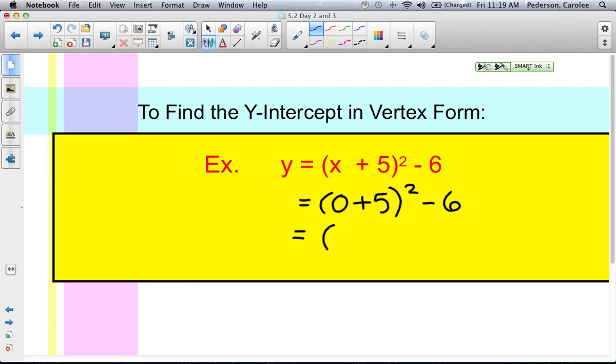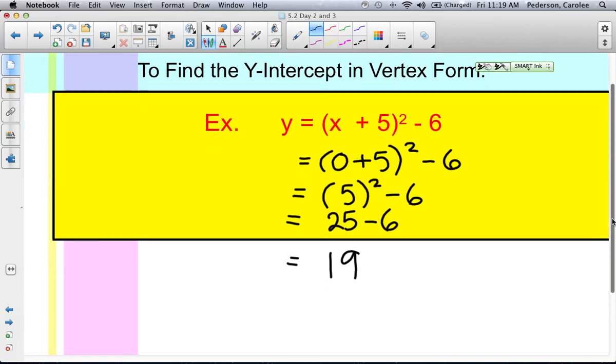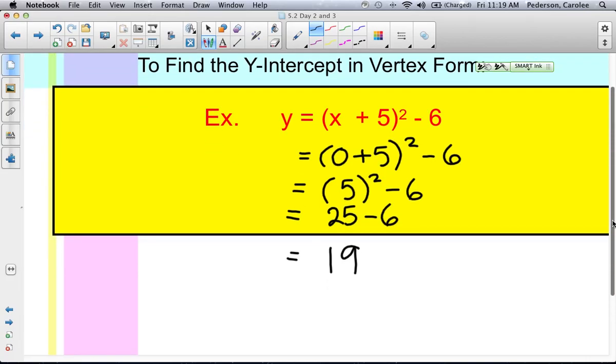Simplify that parentheses, 0 plus 5 is 5. Then 5 times 5 is 25, minus 6 gives us 19. So then our ordered pair for this y-intercept is over 0, up 19.